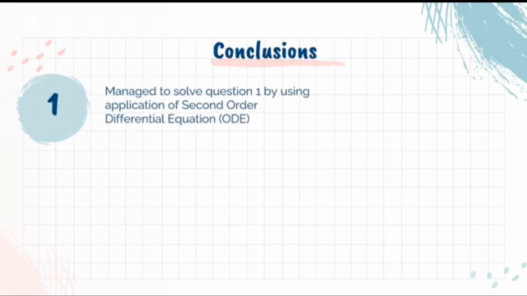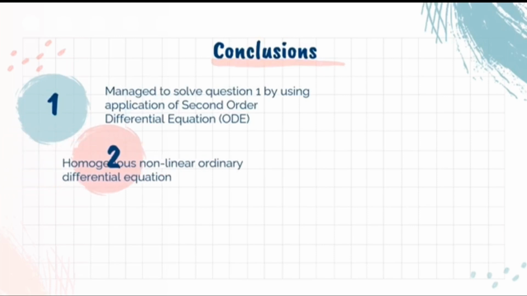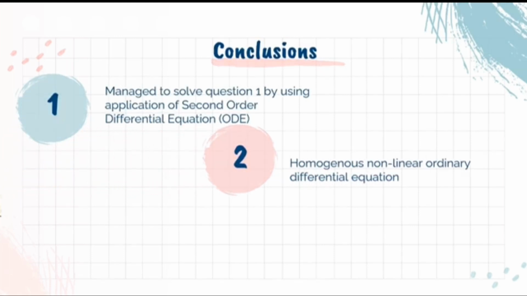To sum up everything that has been stated in this assignment, we were able to solve question 1 by using application of second order differential equation. To be specific, the question is a homogeneous nonlinear ordinary differential equation. As I stated in the introduction, the derivatives of first and second order differential equations vary.